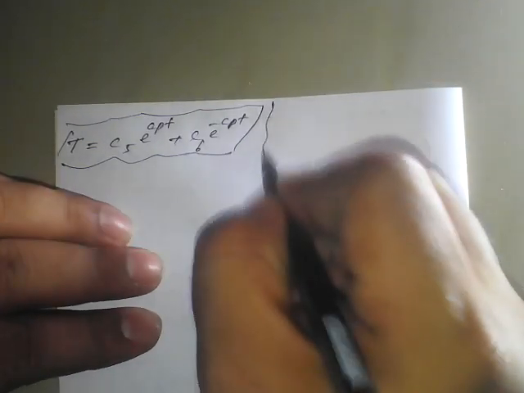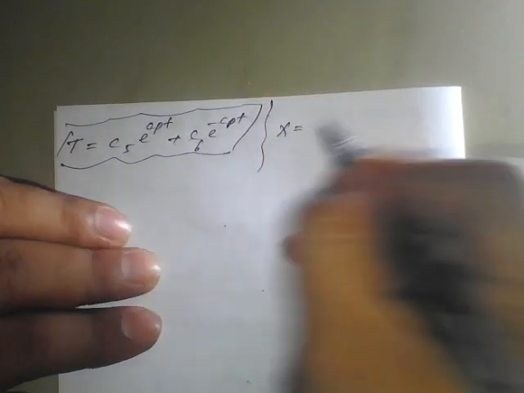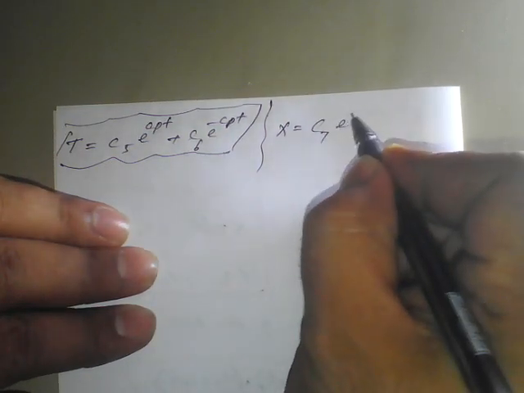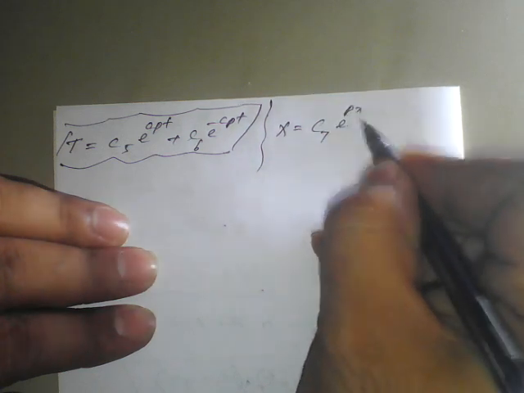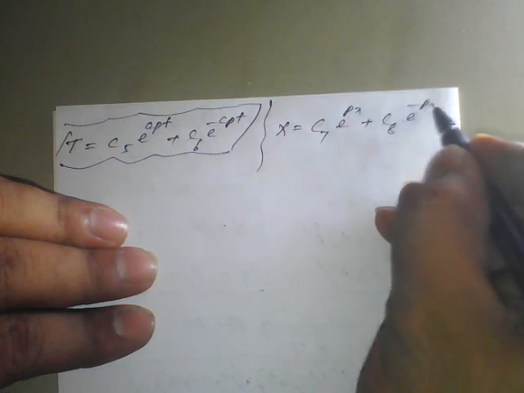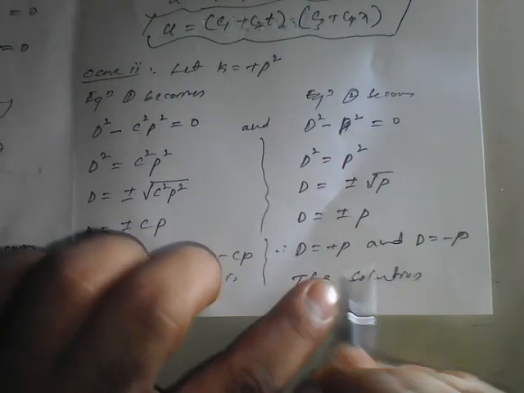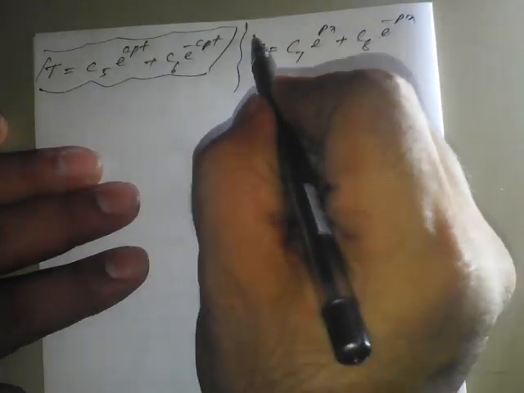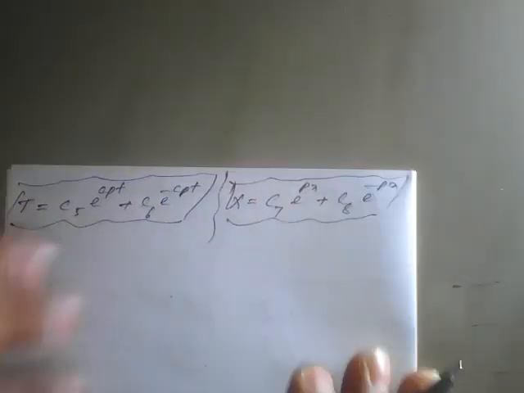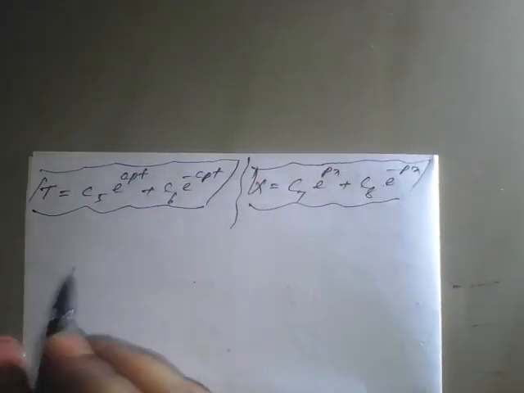So here it will be capital X is equal to c7 e raised to px plus c8 e raised to minus px, because our roots are plus p and minus p, that's why we have to write. So this is a solution for the differential equation in terms of x.